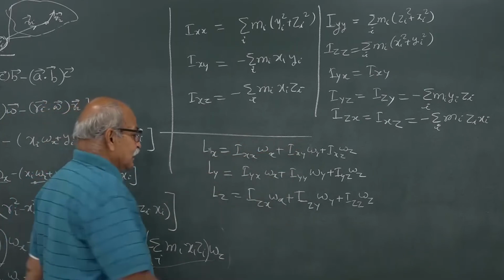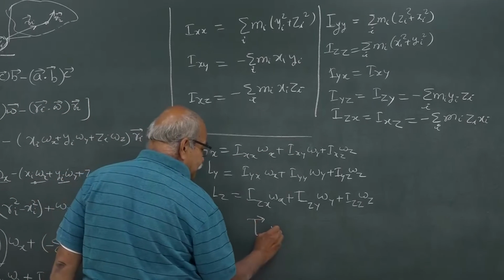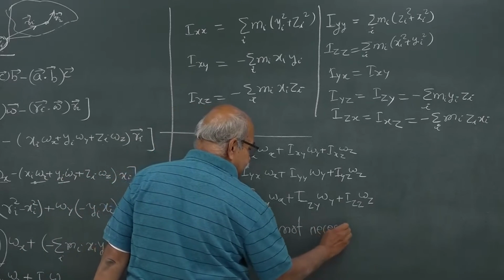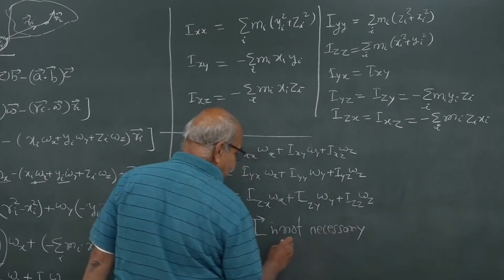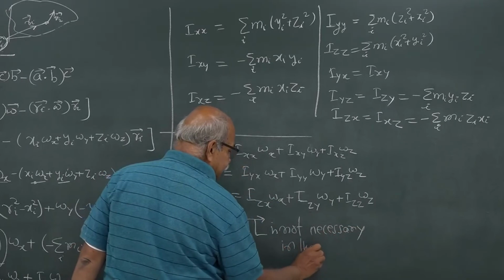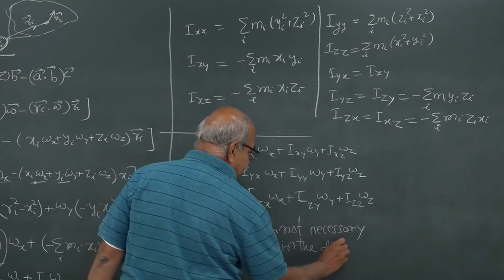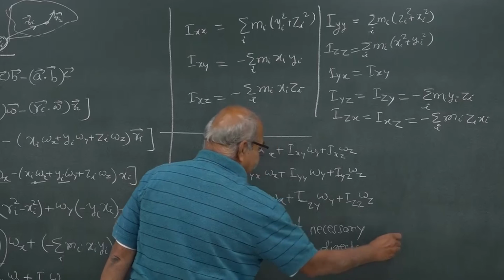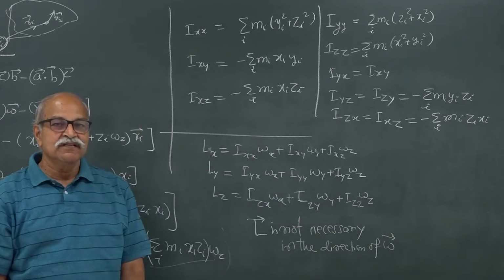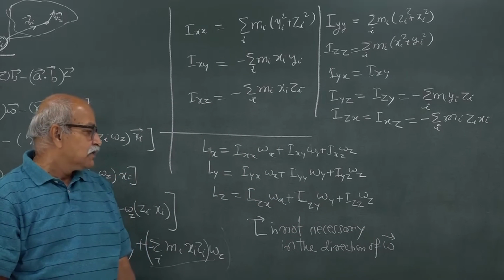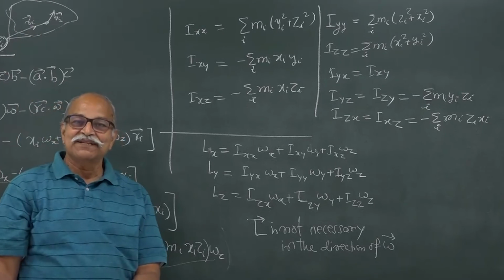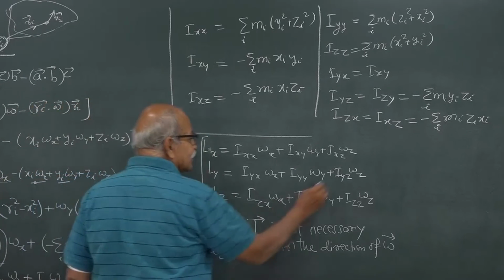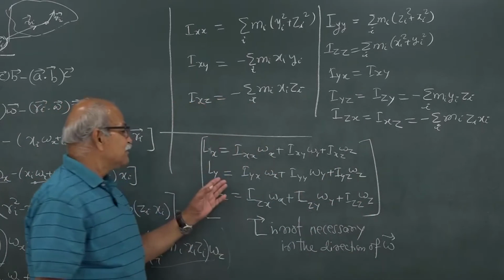So, remember L is not necessarily in the direction of omega. The idea that angular momentum is necessarily in the direction of the axis of rotation is wrong, it is not. Here is the relation, and you can write this relation in a matrix form.